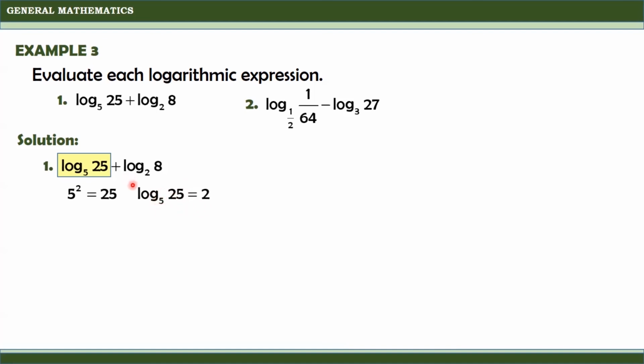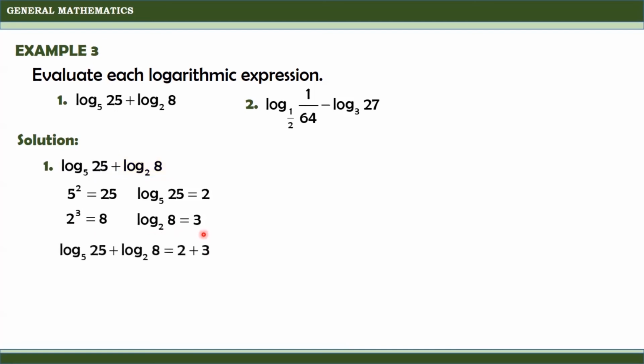On our second term, logarithm of 8 to the base 2, we were asked what should be the exponent of 2 to become 8. Therefore, you may recall that 2 raised to 3 is equal to 8. Therefore, it only follows that logarithm of 8 to the base 2 is actually equal to 3.